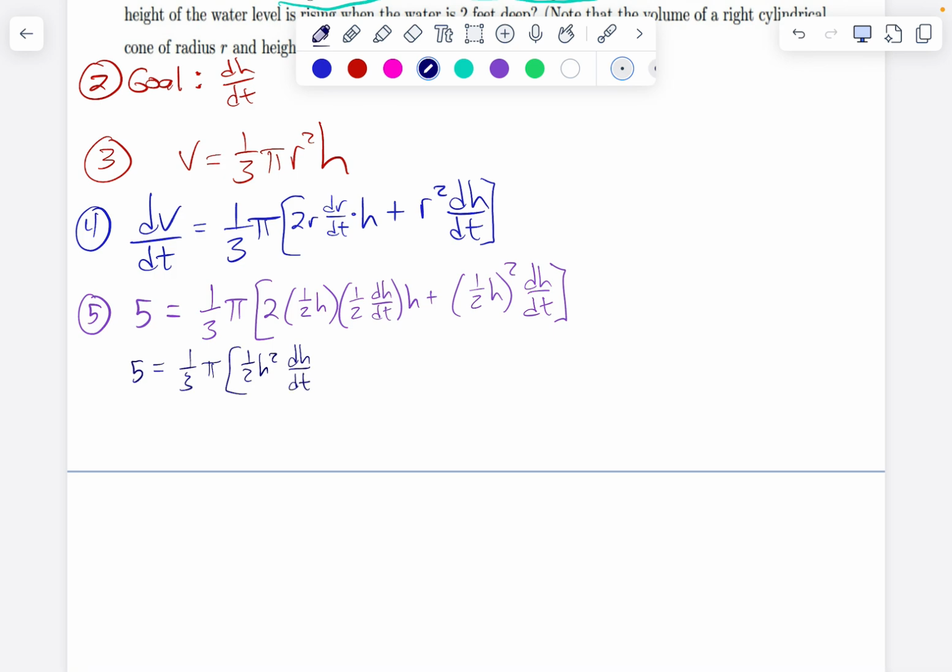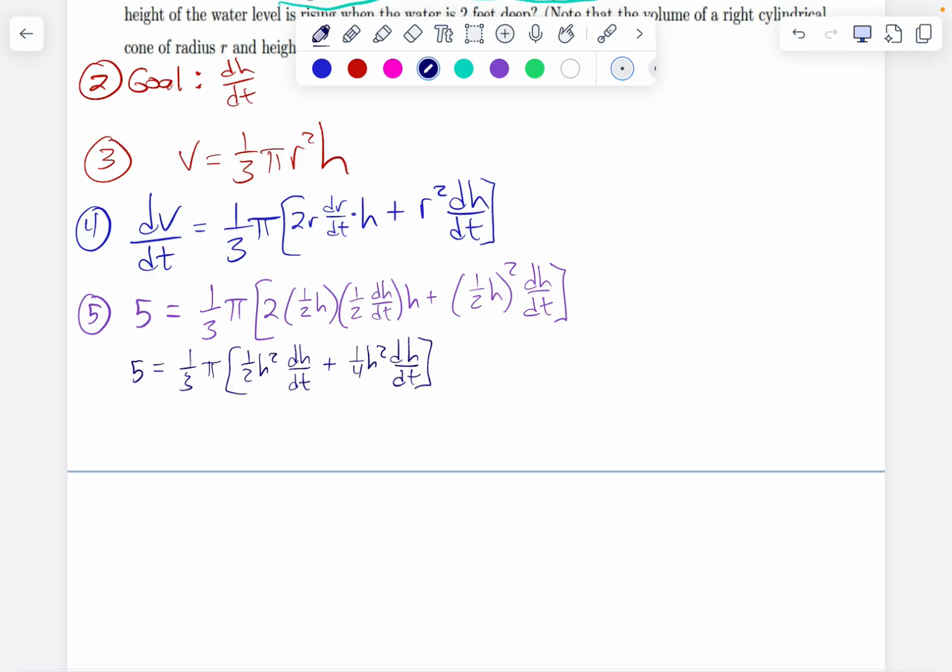We don't plug in the 2 for h. You could, I guess. I'm not going to, but you could. Okay, over here, 1/2 quantity h squared is 1/4 h squared dh/dt.